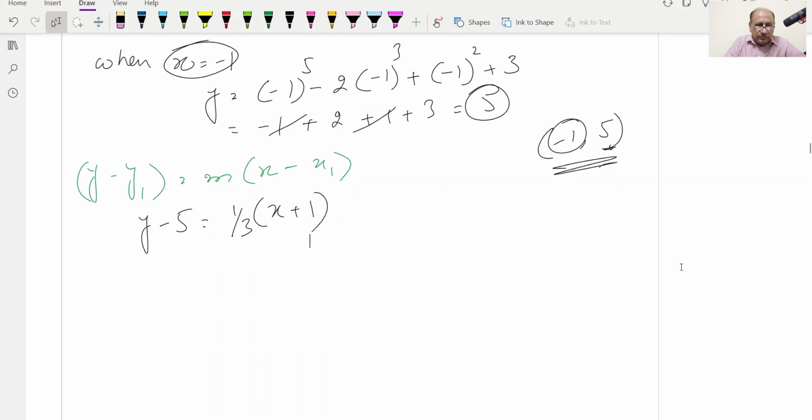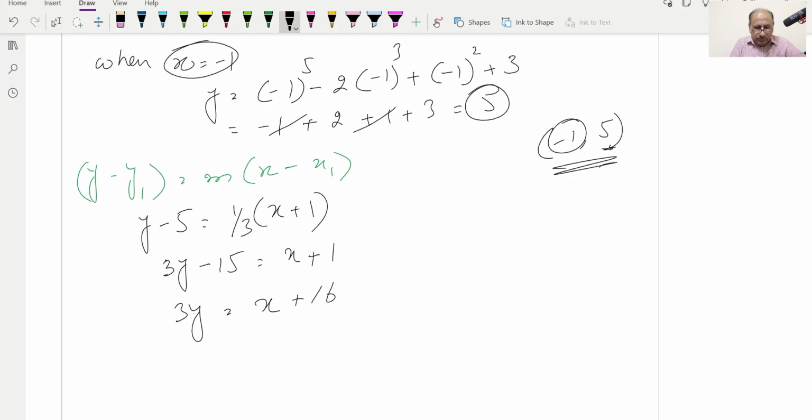And further we can write it in y is equal to mx plus c format. So 3 we can shift to this side, so 3y minus 15 is equal to x plus 1. So 3y will be equal to x plus 1 plus 15, which is 16. So 3y is equal to x plus 16.